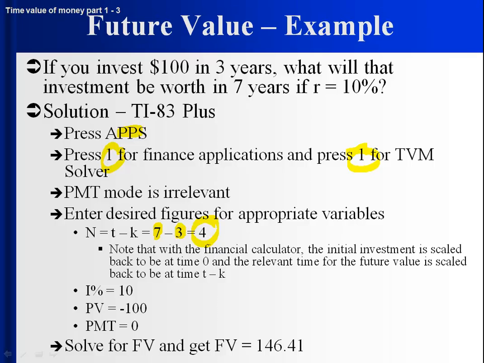And in particular, the money is going to compound at 10% per period, and we're going to put in 100 in 3 years. That means they'll have 4 years to compound, solve for FV, and get 146.41. So again, the key here is even though we want to know how much we'll have in 7 years from today, the fact that we're investing in 3 years from today means it will only be invested for 4 years.